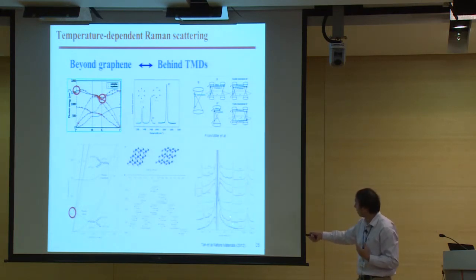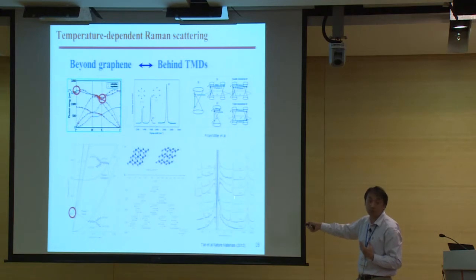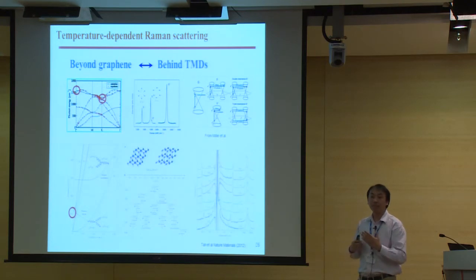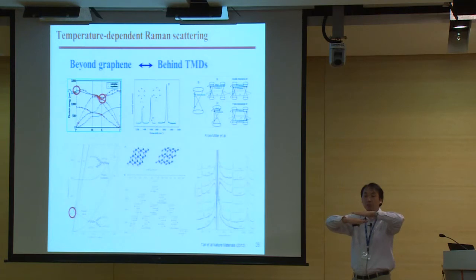So this is a bilayer, and this is a trilayer, and all the way to graphite, you can see this kind of blue shift of the C peak or the shear mode, as I mentioned previously. But this one, I believe, is very interesting and critical, because this involves the entire shearing movement of the layers.